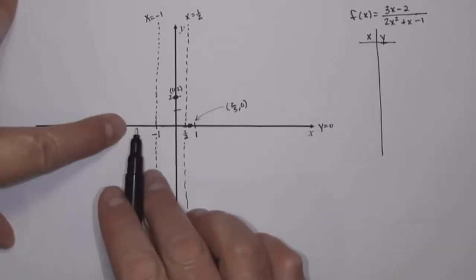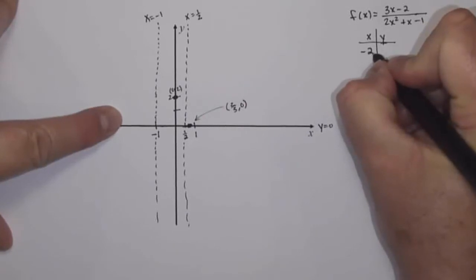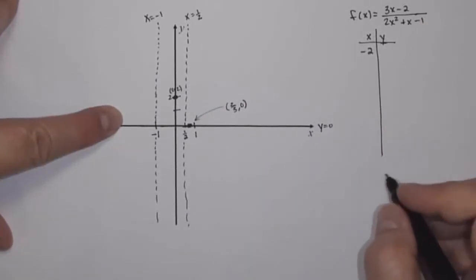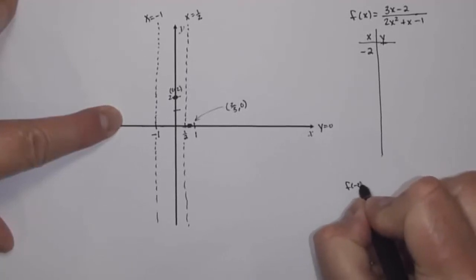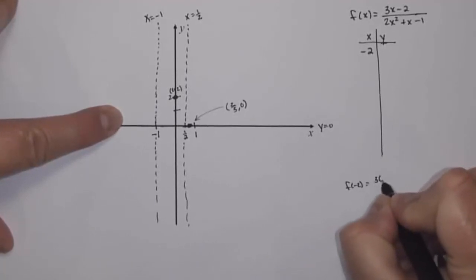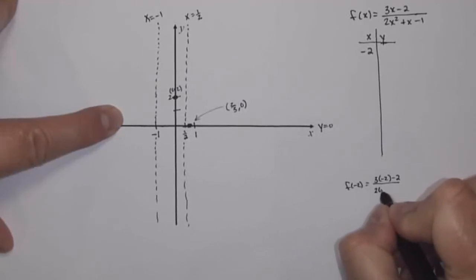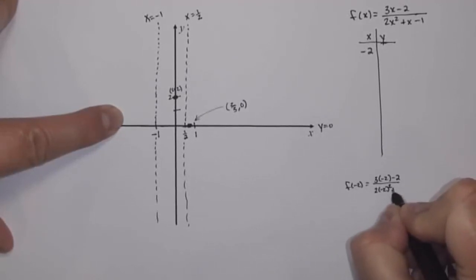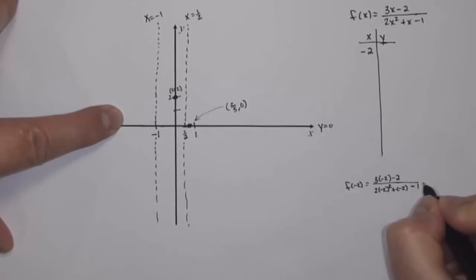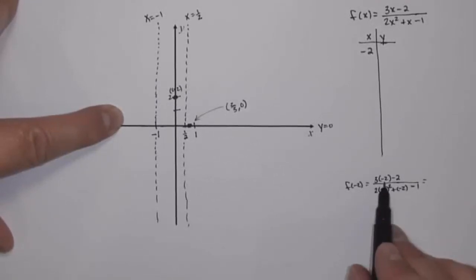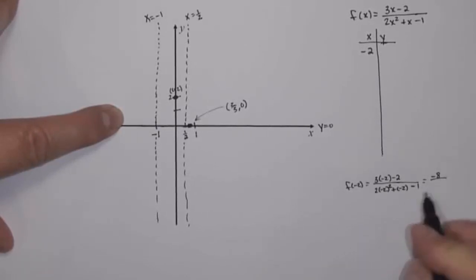If I choose a value to the left of x equals -1, maybe I'll let x be -2, then I'm going to find f of -2. So f of -2 would be (3 times -2 minus 2) over (2 times -2 squared plus -2 minus 1). 3 times -2 is -6, minus 2 is -8 on top.